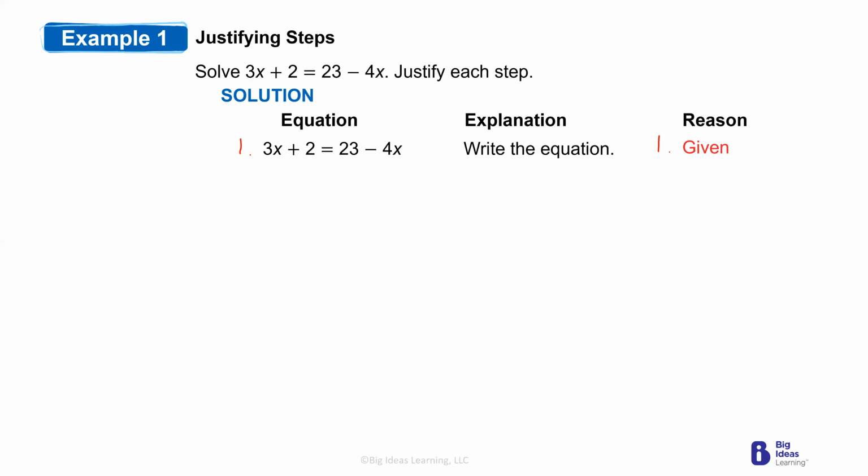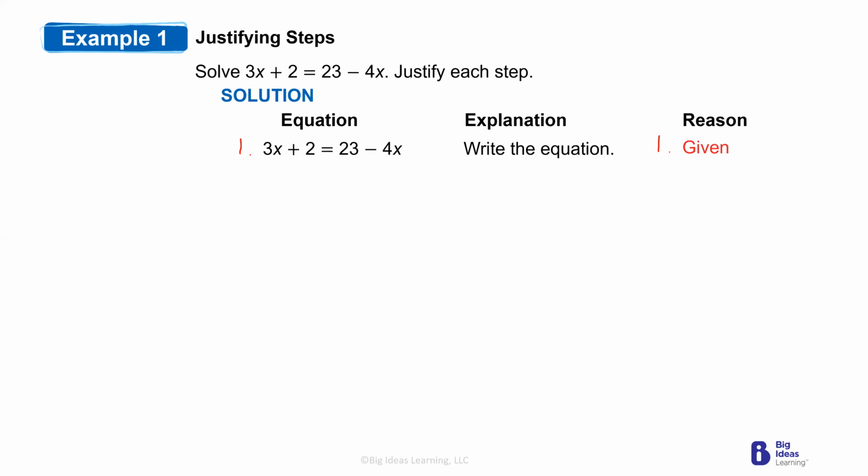So now, starting this off, what do we want to do first? I like moving one of the variables first. So if I want to get the variables on the same side, what can I move? I can move 3x by moving that over to the right side, or I can move the 4x over to the left side. It doesn't matter which one you do. Since I have this in a PowerPoint, the one I chose to do was move the x over to the left, so the 4x.